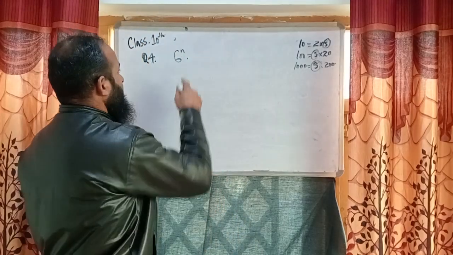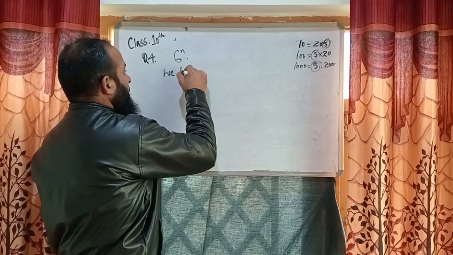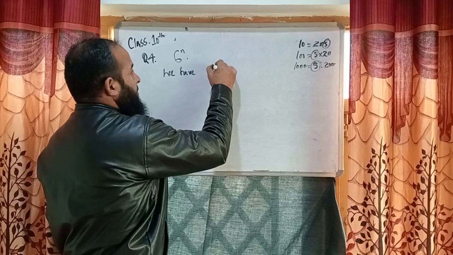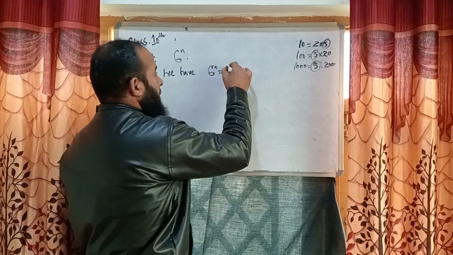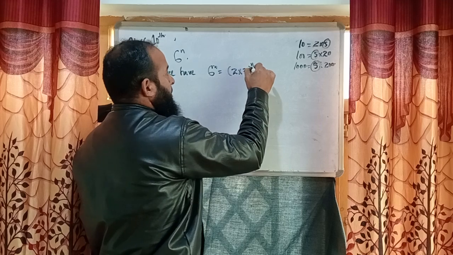So now we have 6 raised power n is equal to 2 into 3 raised power n.